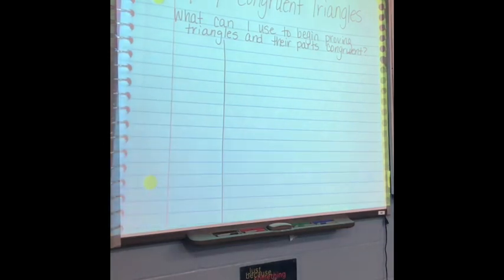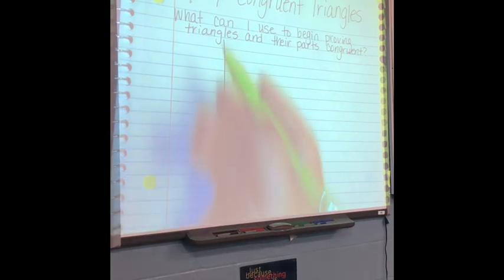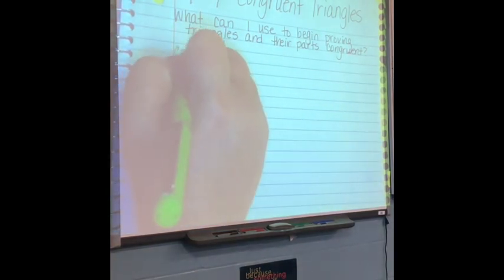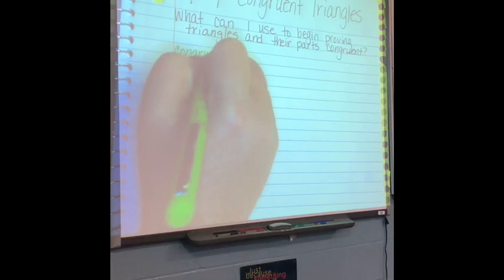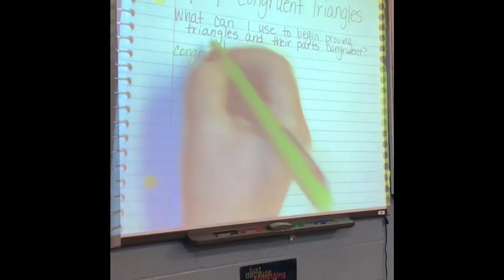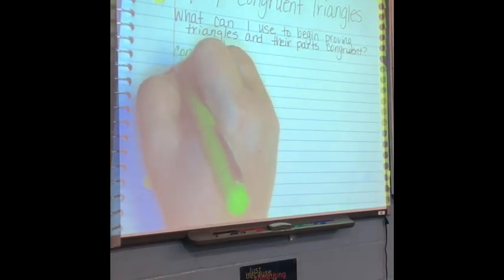So we're looking at congruent triangles and how we can begin using information to prove that triangles are congruent. We'll start with just the definition of congruent triangles. What does it mean to be congruent? Same, right? Same shape, same size for triangles.